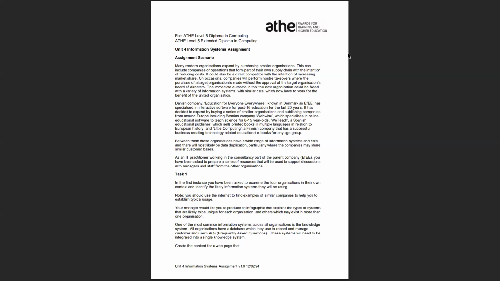Between them, these organizations have a wide range of information systems and data, and there will most likely be data duplication, particularly when the companies might share a similar customer base.